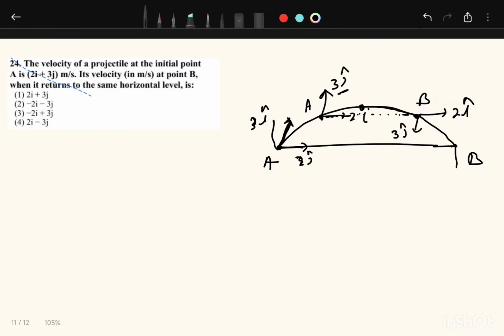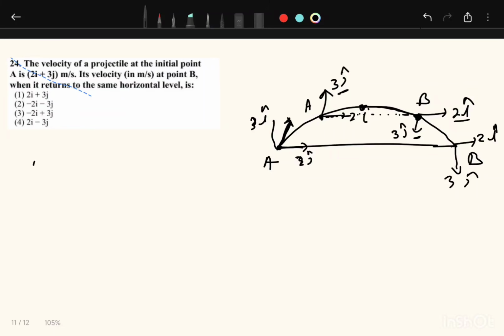So here also it will be like this. It will be 2i cap and 3j cap, you see, right? So while returning back, your velocity in y direction will be downward, not upward. Okay. So only the velocity in the y direction is changing. The velocity in the x direction is remaining the same.